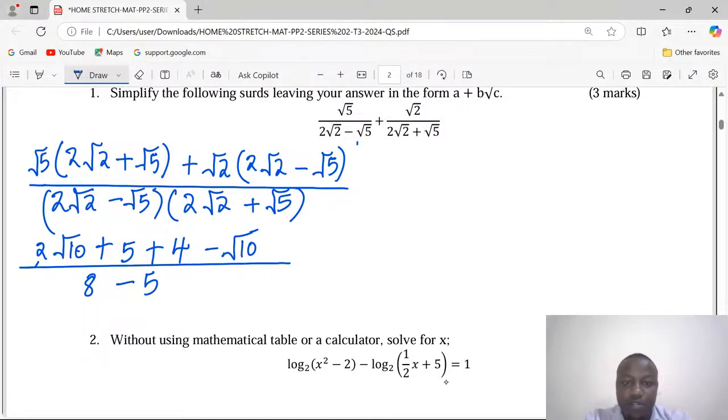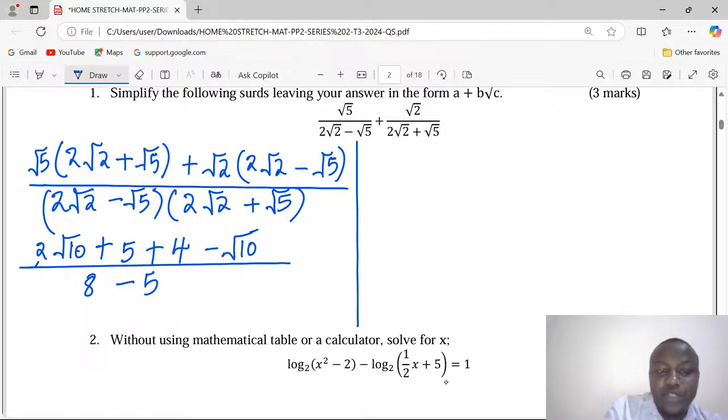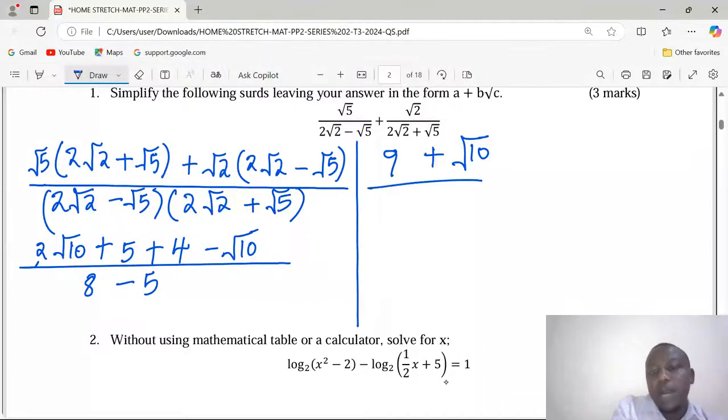So we can continue now simplifying. We bring like terms together such that from the numerator 2 root 10 minus root 10, that becomes root 10. But there is 5 plus 4, which is a 9. So we'll be adding the root of 10 divided by 3.